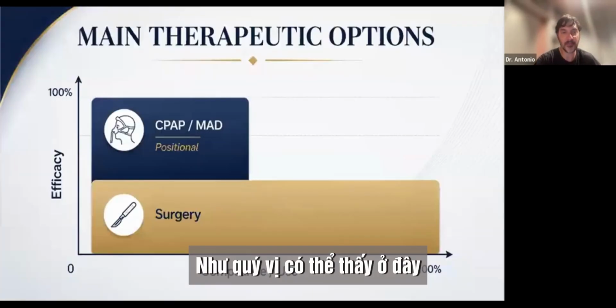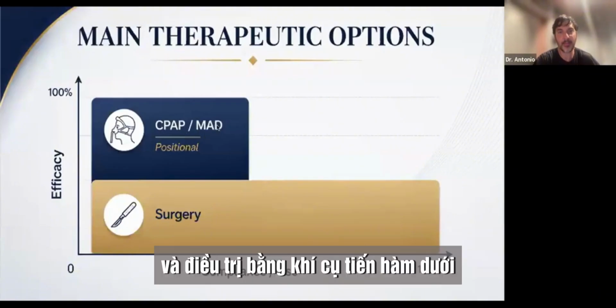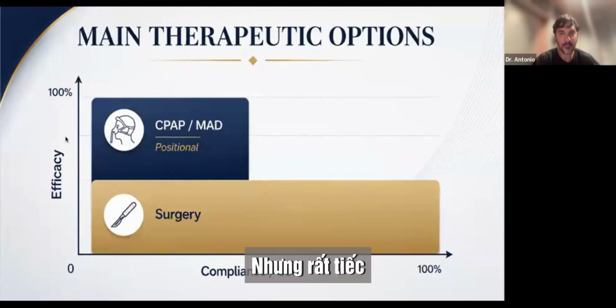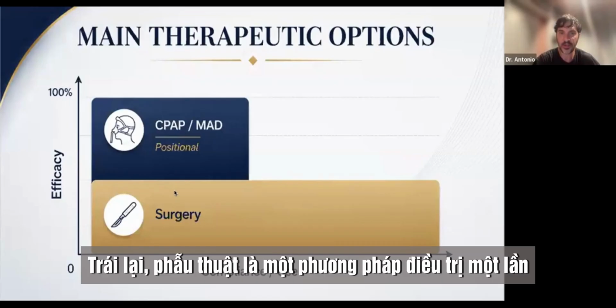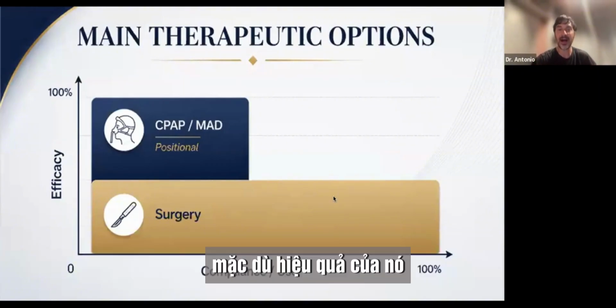As you can see here, CPAP treatment and mandibular advancement device treatment are highly effective treatments. But unfortunately, patient adherence may be limited. In contrast, surgery is a one-time treatment that doesn't depend on patient compliance, although its effectiveness is generally more limited.